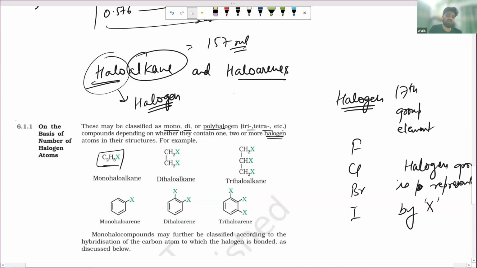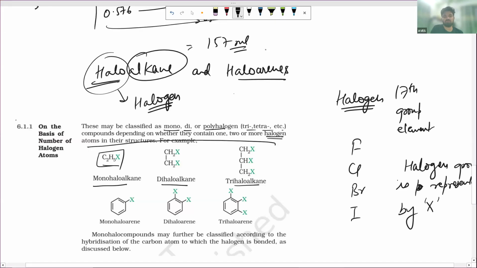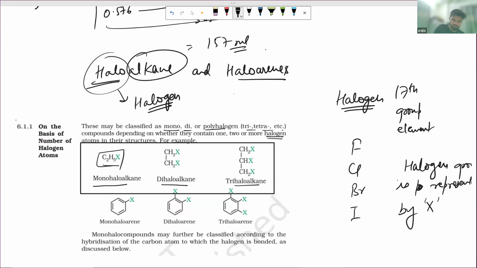Got it? Yes, sir. So this is monohaloalkane. This is dihaloalkane. This is trihaloalkane. So on the basis of this, only draw this portion. Okay, draw this one. Yes, sir.